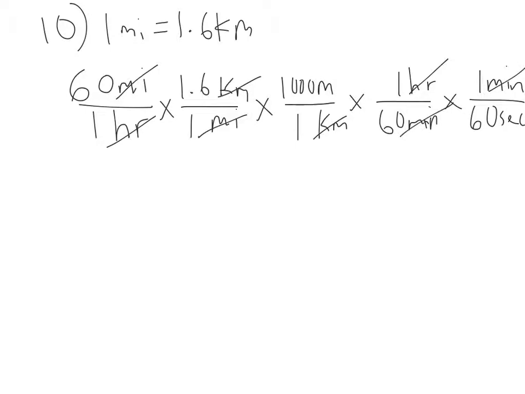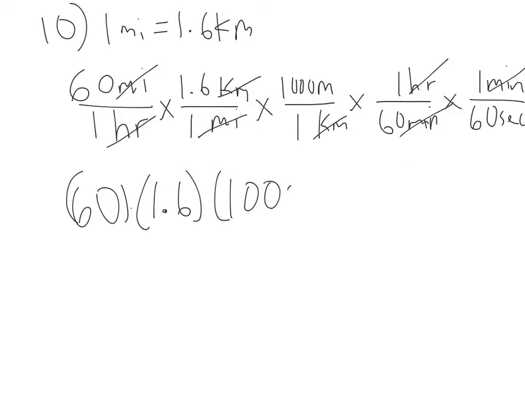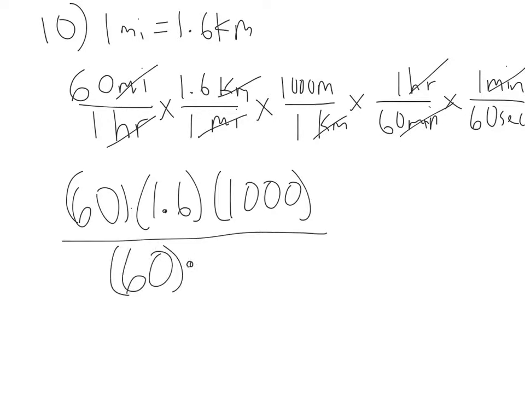Now all I have to do is multiply across. 60 times 1.6 times 1,000 all divided by 60 times 60. And my final units are meters per second.